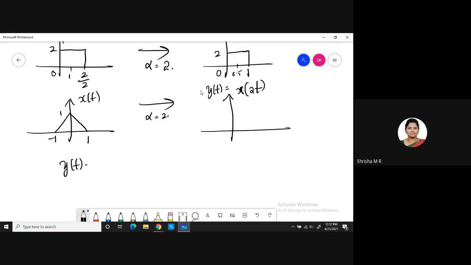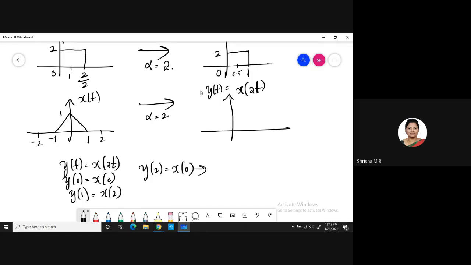Then y of 0 would be x of 0, y of 1 will be x of 2, and y of 2 will be x of 4. We can stop our iteration at this point because we have x of t from -1 to +1 itself. No need to compute for -2 and +2.